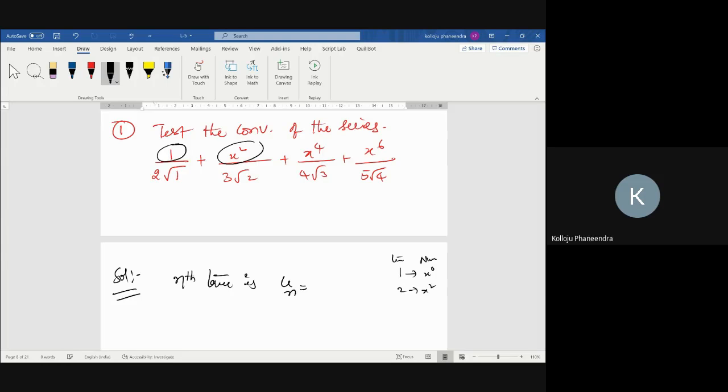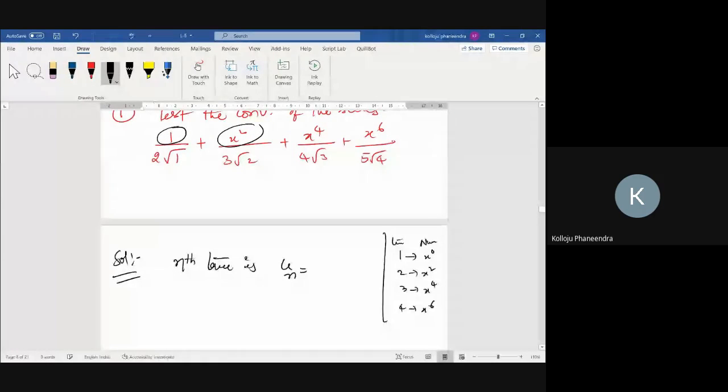Second term is x square, third term is x power 4, and fourth term is x power 6. So what is the nth term numerator? All these powers are even powers, 2n, but starting with 0. Therefore n always starts with 1, so this must be x power 2n minus 2.